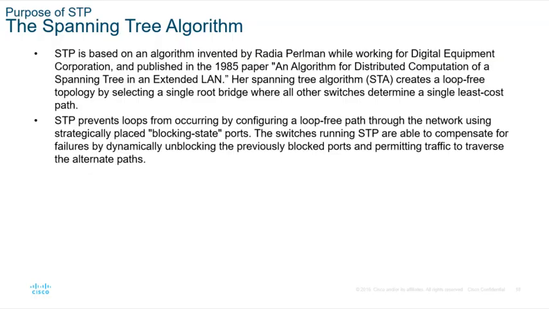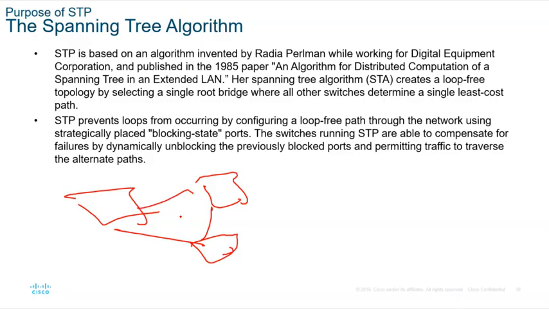The extended LAN is where you have a switch connected to another switch, and at the end of the day, you need what we call the redundant link. You can have it in this format, but it's not a must that it has to be like this. There are scenarios where you have a switch and then a switch.